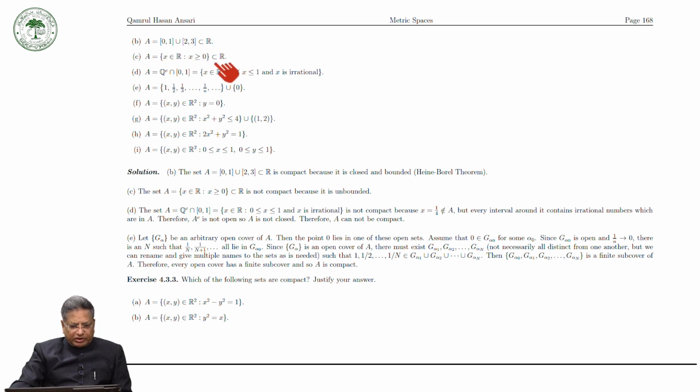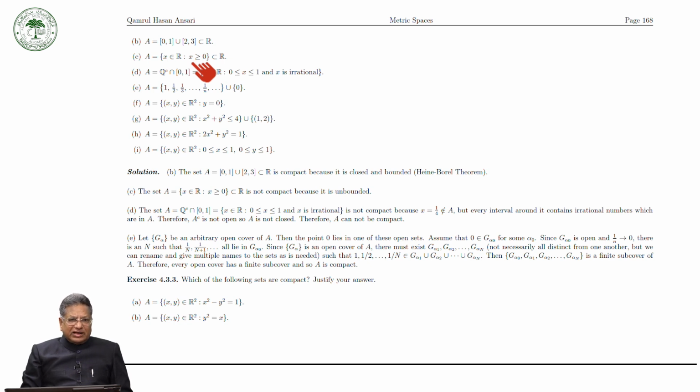Now what about this one? Whether this is compact or not. Keep in mind, whenever we are examining a subset of Rn, try to check whether the set is closed and bounded or not.